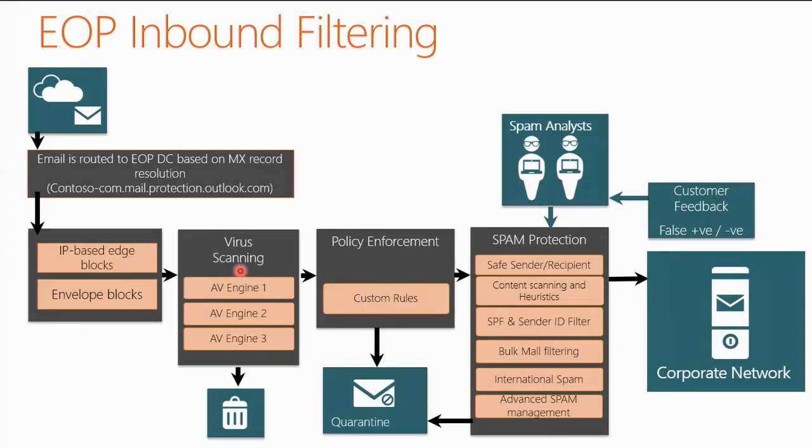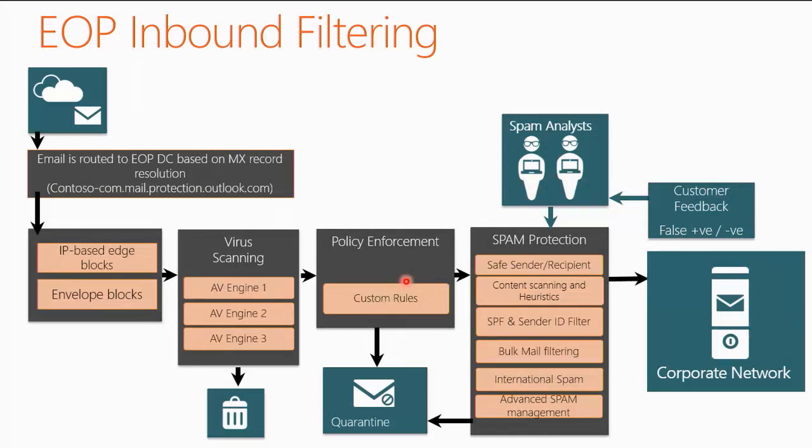Or you can configure it so that we remove the attachment and include text notifying the recipient that the attachment contained a virus, such and such virus, and for that reason was removed. So those mails that survive this stage progress to the next one, the policy enforcement.